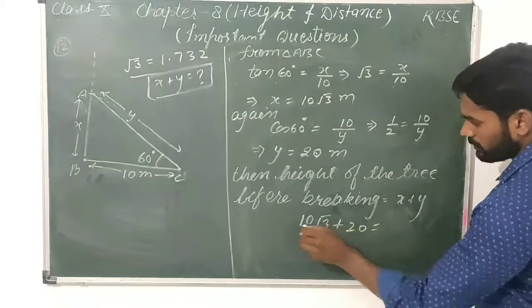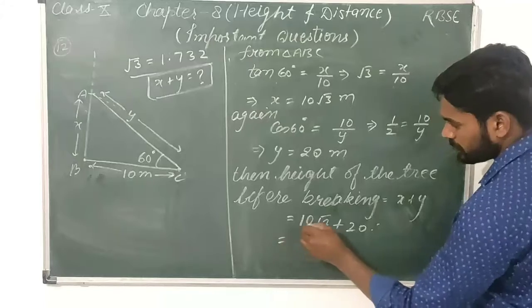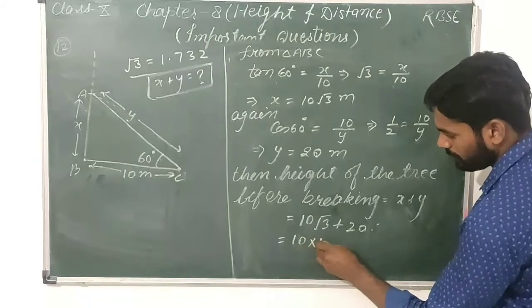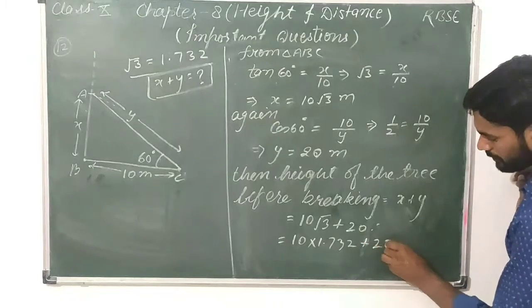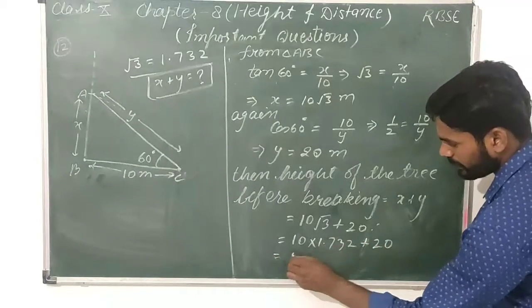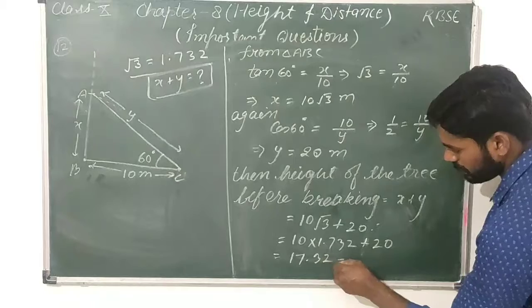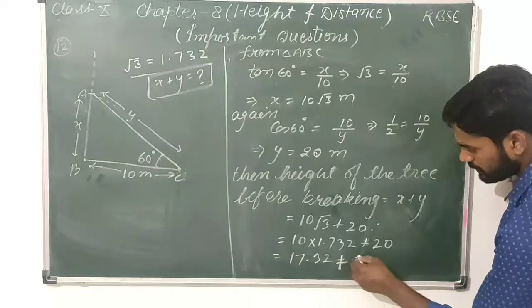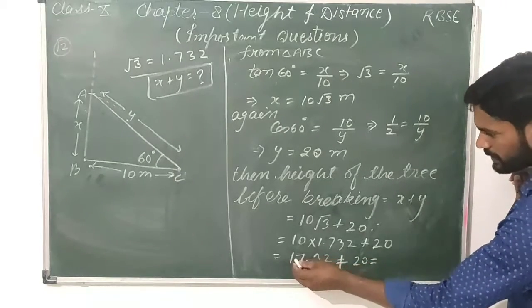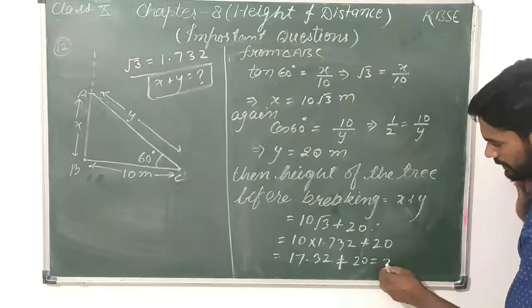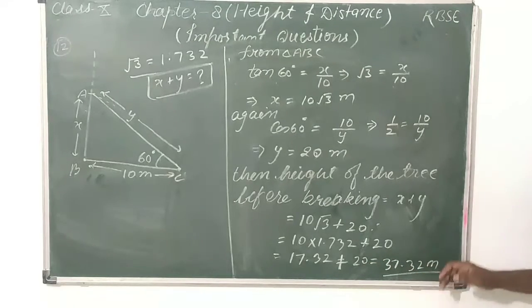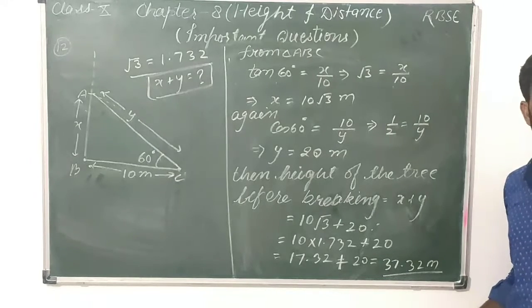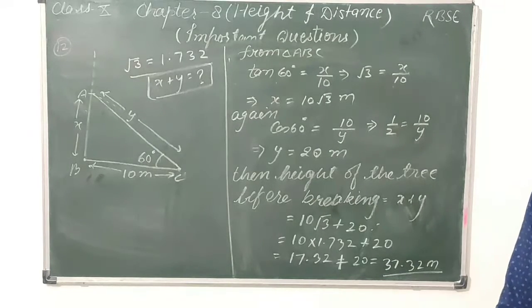Now apply the value of root 3: 10 into 1.732 plus 20 is equal to 17.32 plus 20. Finally, the answer is 37.32 meter. It is the actual height, or the original height, of the tree. Clear? Now next.